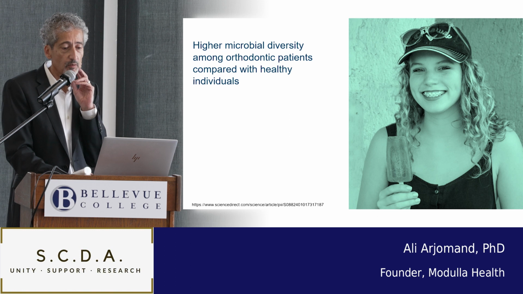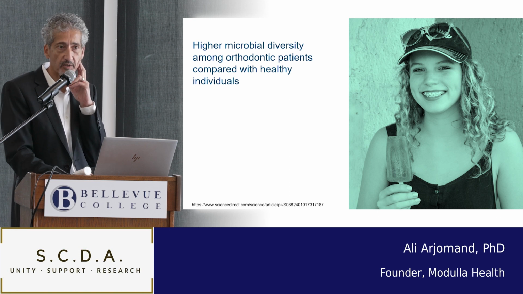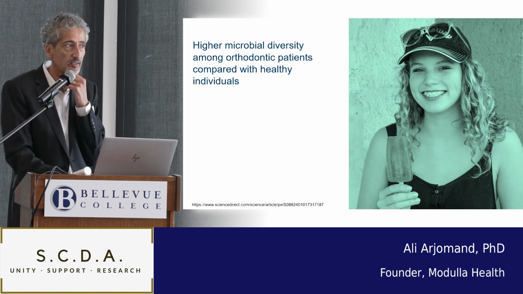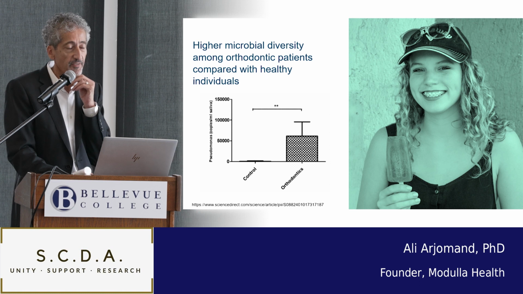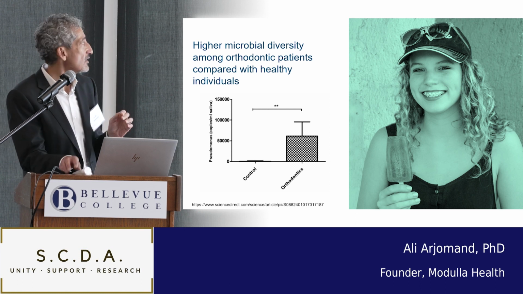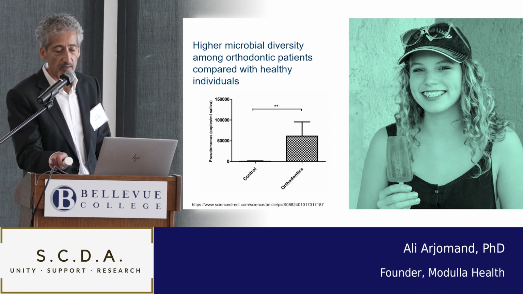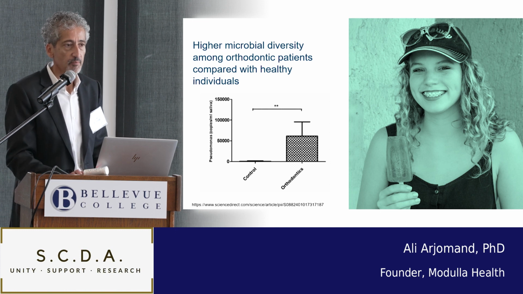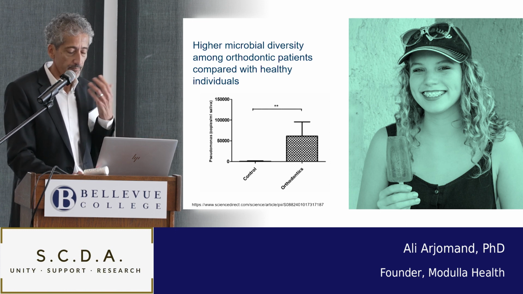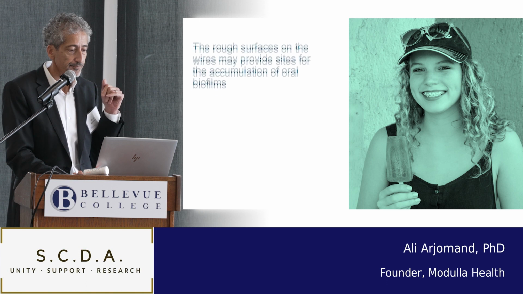So we know through studies there's a higher microbial diversity among orthodontic patients compared with healthy individuals or people who don't wear braces, right? In fact, this is one strain in orthodontic patients versus people who don't have braces. It shoots way up.